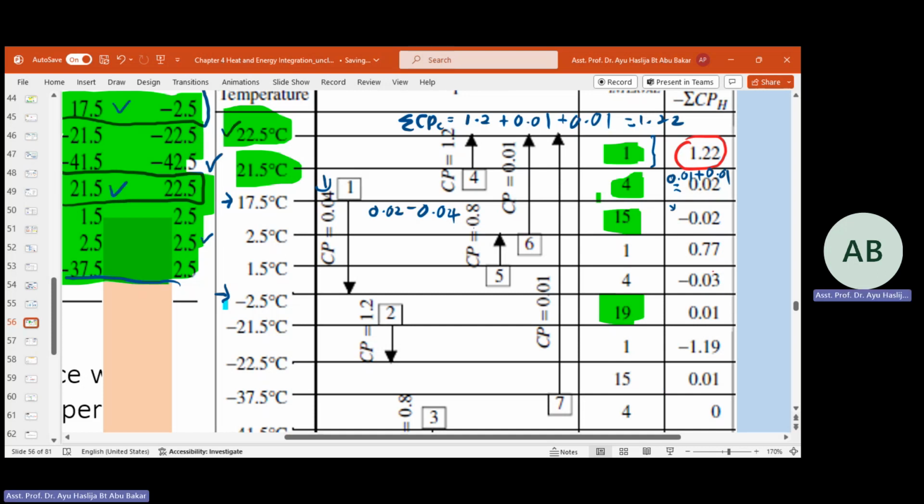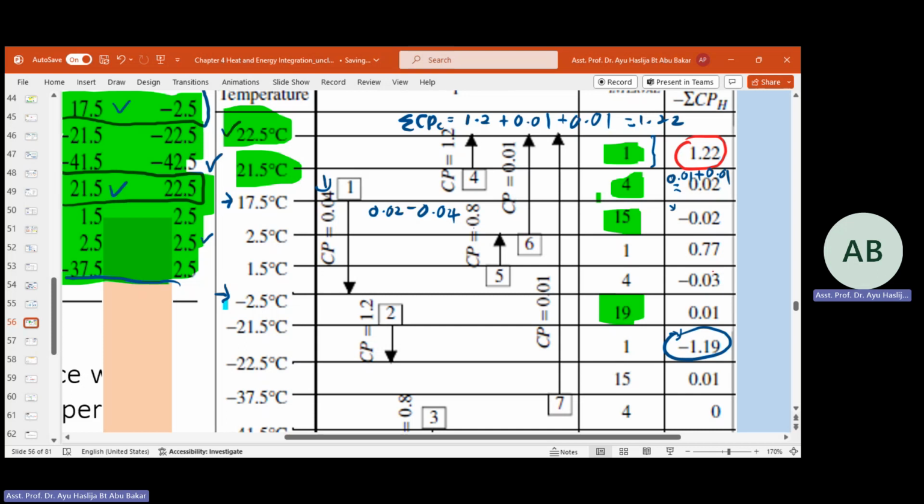Any question up to there? Understand? How do we get negative 1.19 over here? 0.01 minus?